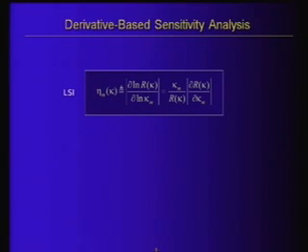It's called local because in order to calculate it, you have to take this derivative with respect to some given reference value for k. And because you are talking about derivatives, for the derivatives to be accurate, they should be done by infinitesimally changing the values of k. You cannot change k arbitrarily.